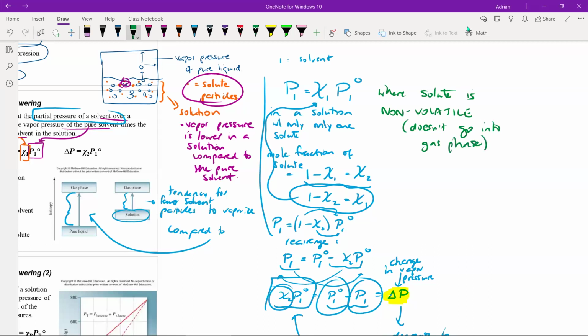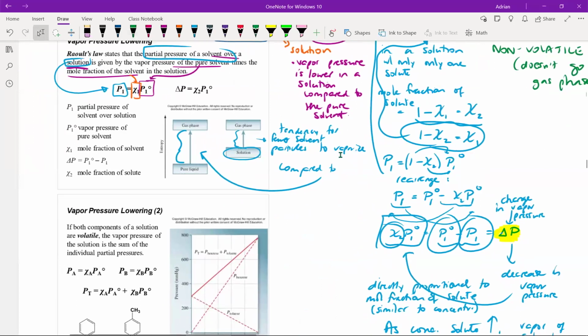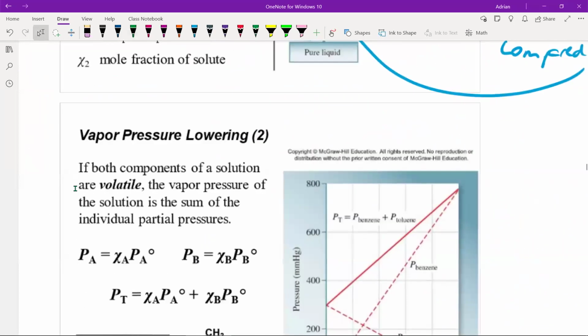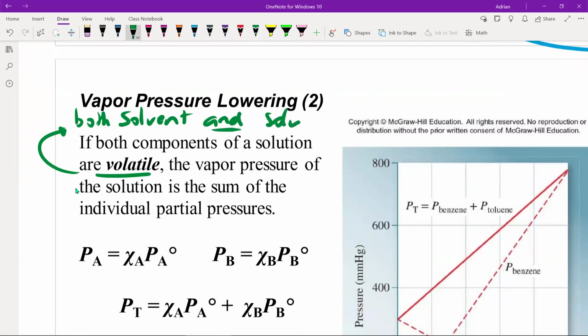But what about if the solute is volatile? What happens then? If both components of a solution are volatile, so both the solvent and the solute can vaporize, then the vapor pressure of the solution as a whole is simply the sum of the individual partial pressures.